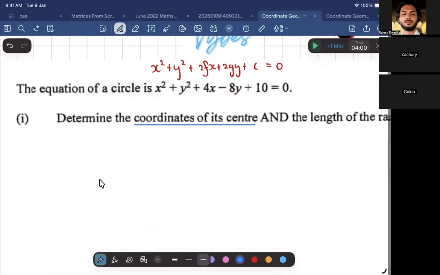Remind me, Caleb, what gives you the center? It's simpler than you think. The center is given by what?